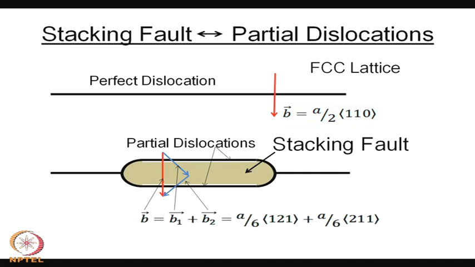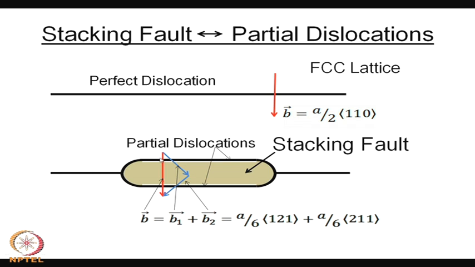One particular Burgers vector like b now becomes b1 plus b2. So, this is the Burgers vector, whereas these partial dislocations have Burgers vectors like this. Okay. This is b1 and this is b2.